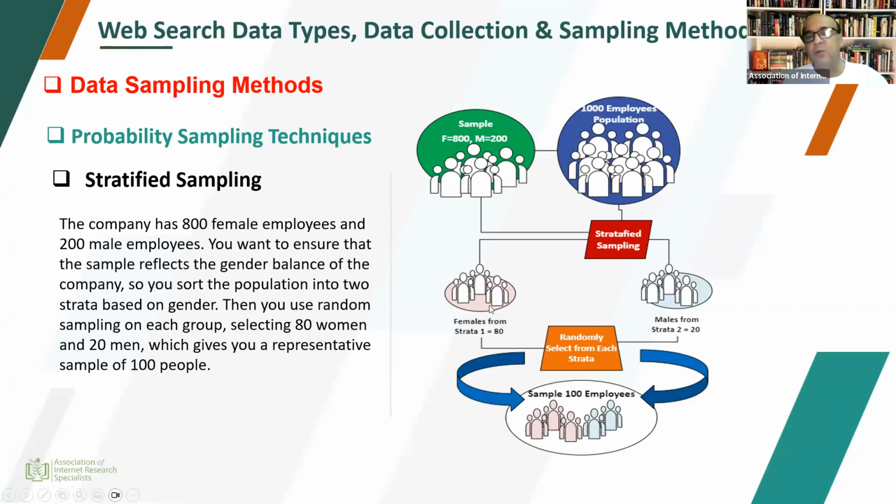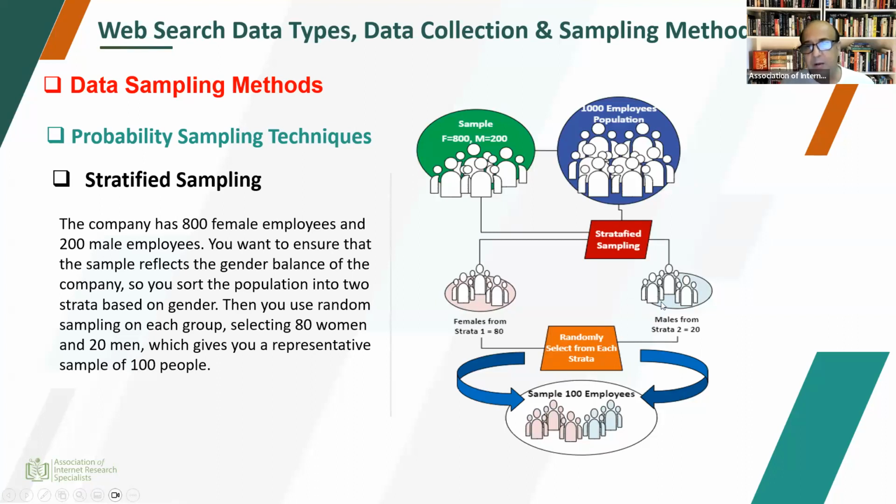You've created two strata or two groups. One is going to be a sample of 80 females, and you're going to take 20 males. So basically what you did, the total is 100 employees as you wanted, and yet you maintain the 80-20 ratio by selecting 80 females and 20 males, so that it is representative of the group or the population.